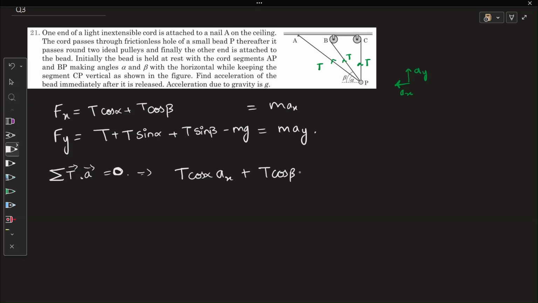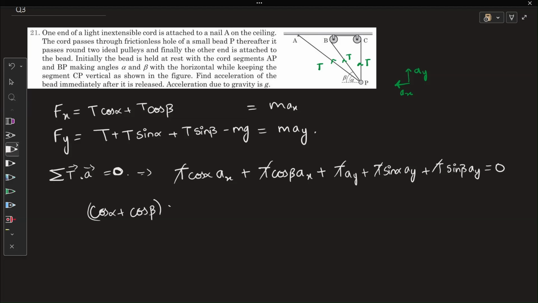Similarly, T cos beta into ax, plus this T and ay in the same direction, T ay, similarly T sin alpha into ay plus T sin beta into ay is equal to 0. Upon cancelling all T's, what we get is (cos alpha plus cos beta) into ax is equal to minus of ay into (1 plus sin alpha plus sin beta).